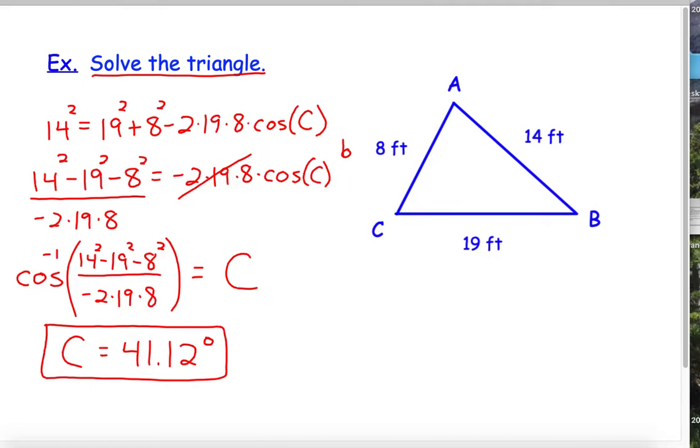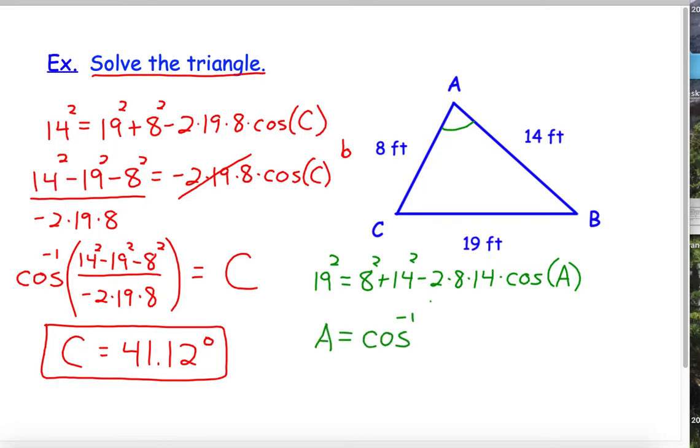So now for angle A, I'm going to have 19 squared is equal to 8 squared plus 14 squared minus 2 times 8 times 14 times the cosine of angle A. And when I solve that for A, following the same steps as before, it's going to be the inverse cosine of the fraction 19 squared minus 8 squared minus 14 squared divided by negative 2 times 8 times 14.